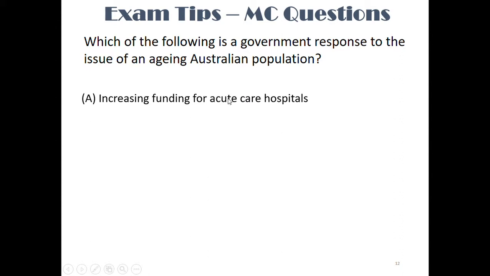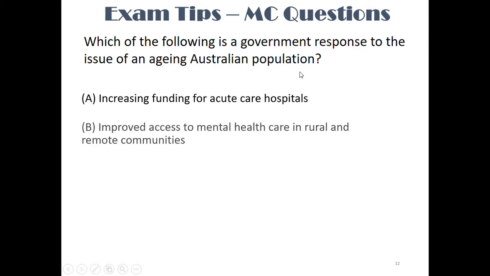Because remember, acute means short term, chronic means long term. Is that a response to the ageing population? Not really. Improved access to mental health in rural and remote areas. Well, yes, improved access to mental health, that sounds about right. But look at this, rural and remote communities. Up here it has nothing about rural and remote, so let's just put a little dash next to that one.